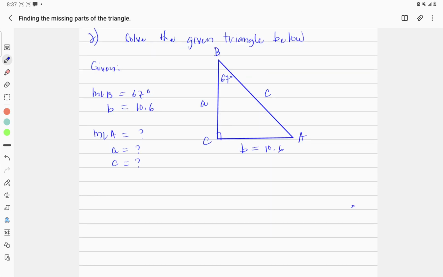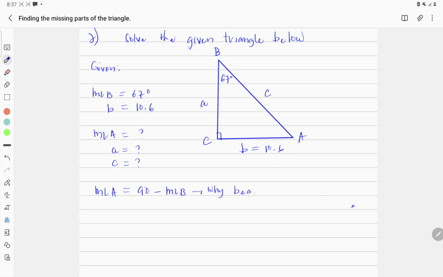Okay, so you will try to find the measure of angle A. The measure of angle A is just equal to 90 degrees minus the measure of angle B. Why? Ask me why?